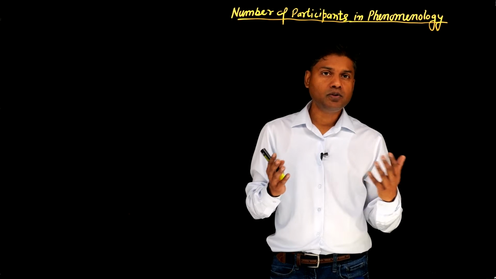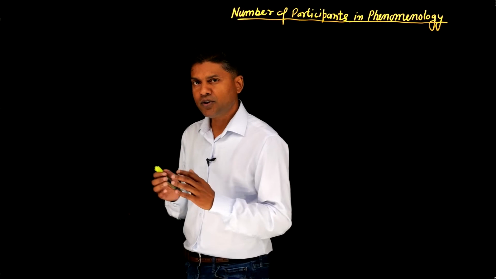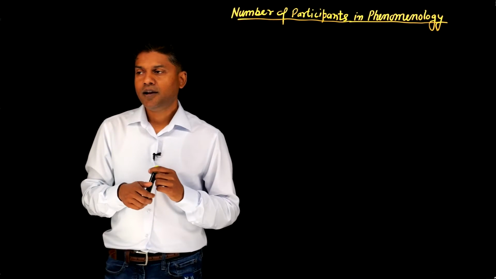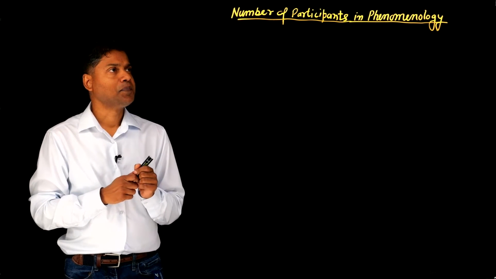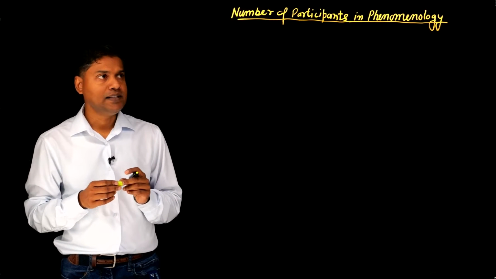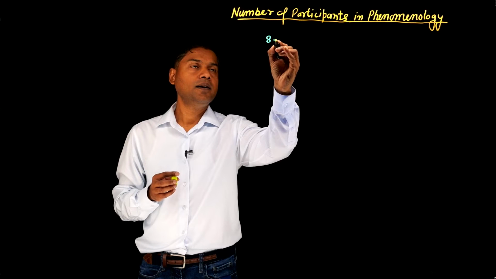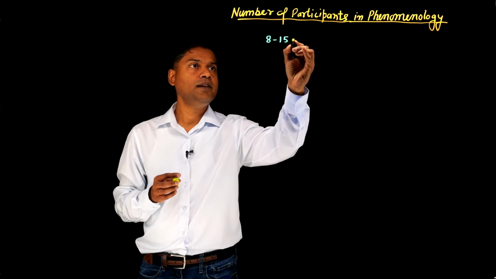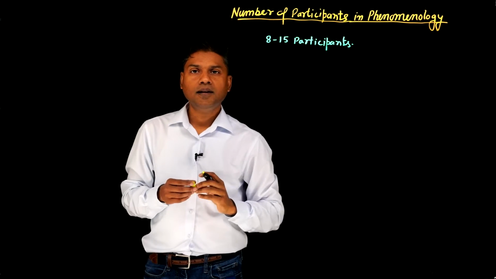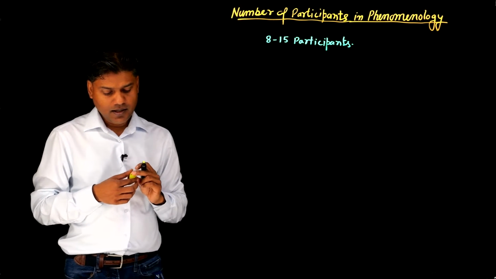So we are going to talk about how many participants are good enough in a phenomenological study. I have gone through a number of phenomenological studies and tried to answer this question. What I have found is that a typical number is somewhere between 8 to 15 participants. And these vary.